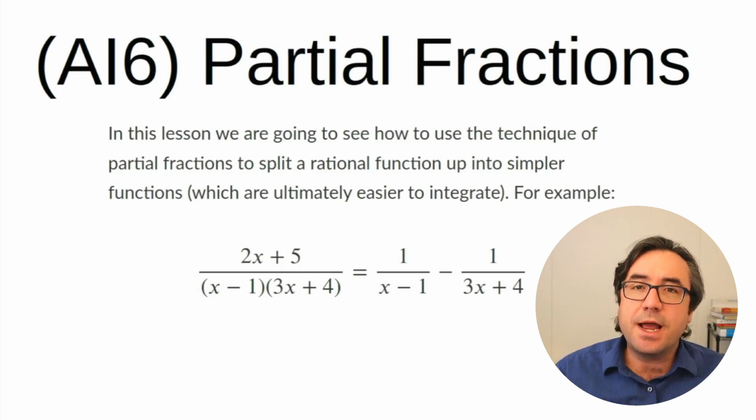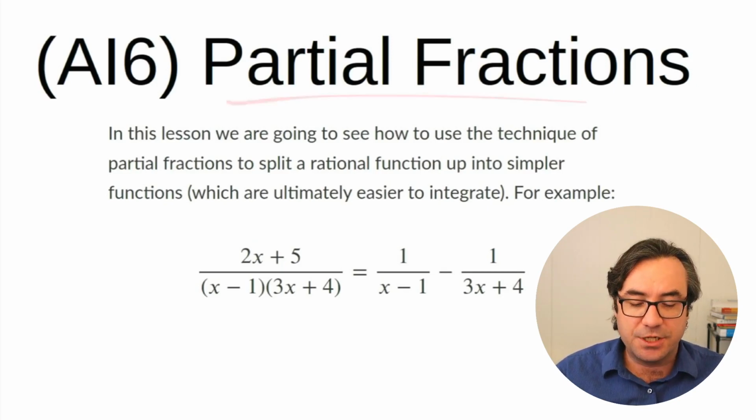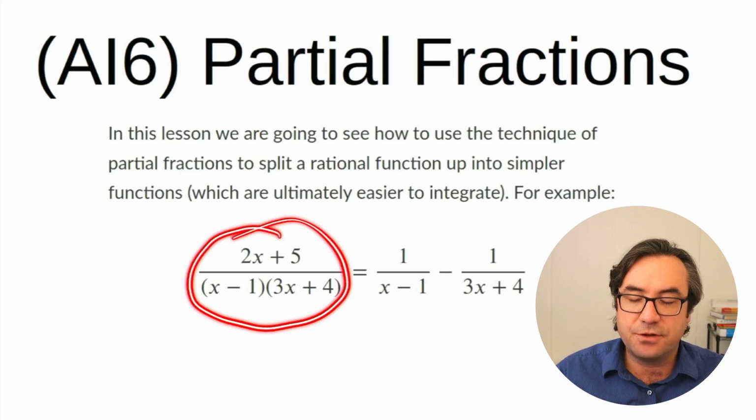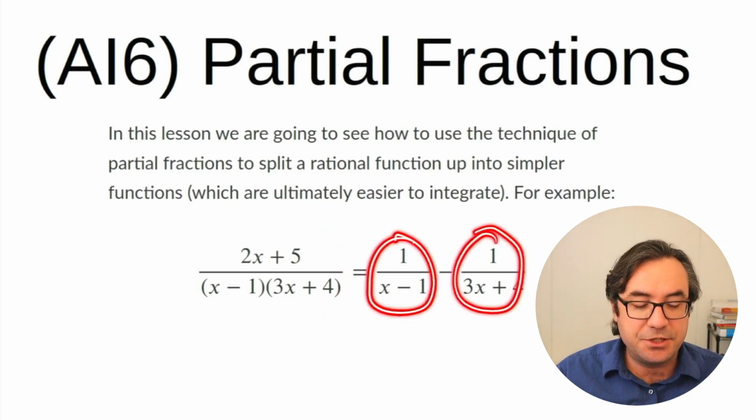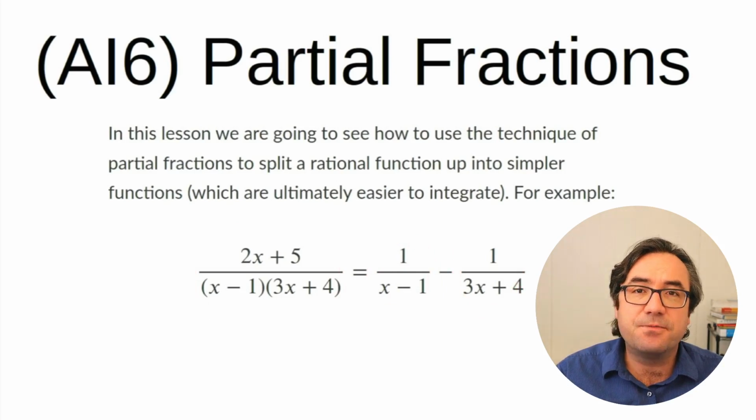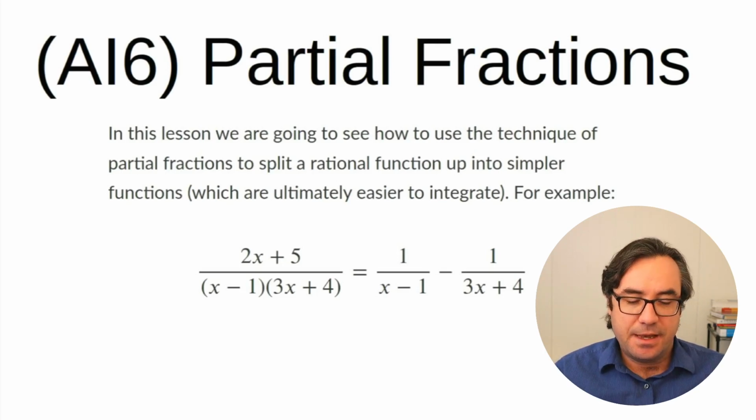So this algebraic technique of doing partial fractions is going to take this rational function, which is difficult to integrate, and split it up into these easier fractions that we can work with. So let's see how to do this.